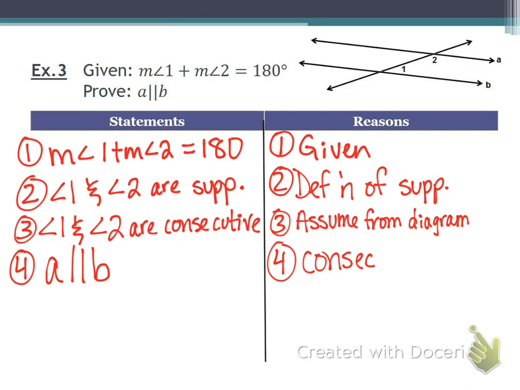Consecutive angles are supplementary. If you want to get really formal and talk about how it's the converse of the consecutive angles theorem that we talked about yesterday, that's fine. But if you just say consecutive angles are supplementary, that's how I knew that the lines had to be parallel. That works.